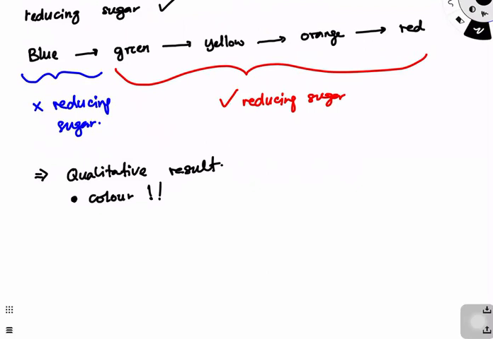But how are you sure that your yellow and my yellow are the same shade of yellow? Or you see orange, I say it's orange. Are they the same intensity of orange or not? We have a problem here because our result is qualitative data. Qualitative means we have color, observation, no measurement.